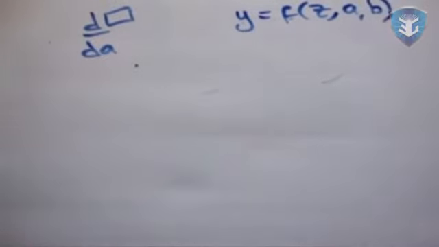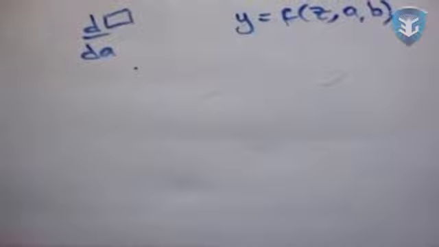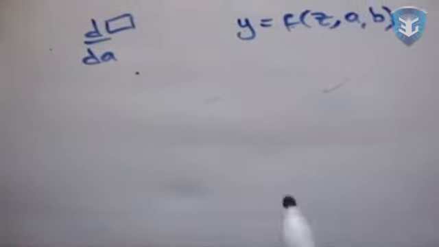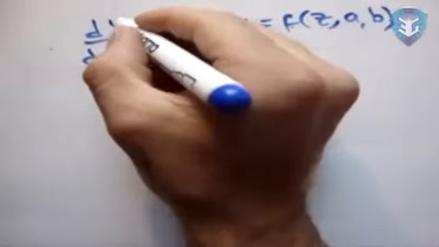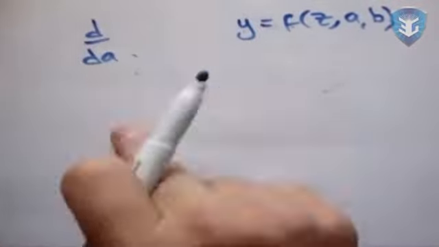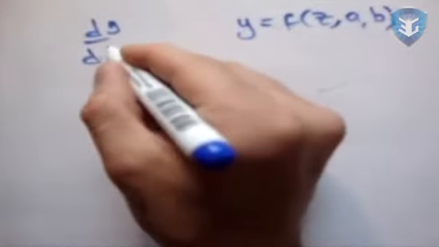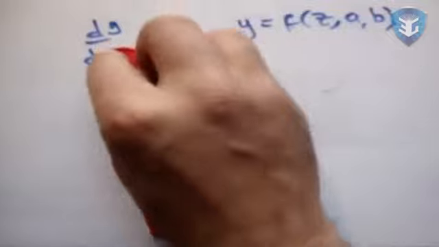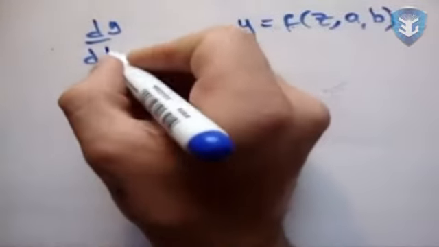And if I want to find how quickly y is changing with respect to A, well then I'd go dy/dA. If I want to find how quickly y is changing with respect to z, I would say dy/dz. If I want to find how quickly y is changing with respect to B, I'd say dy/dB, like that.